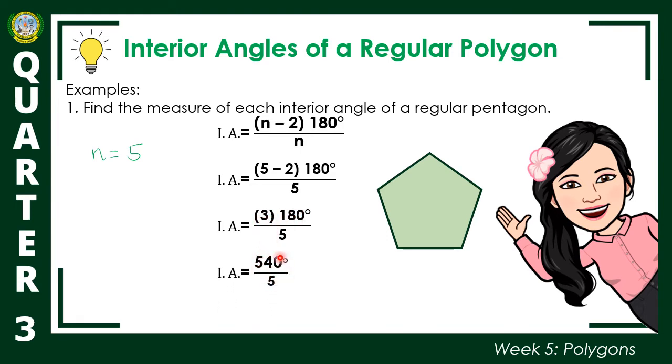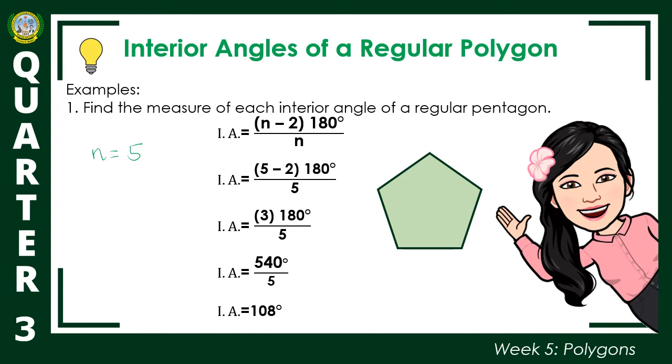And finally, we are going to divide the sum. Okay, divide the sum into 5. Since there are 5 angles nga po, di ba? So, 540 divided by 5 is equal to 108 degrees. Ito po yung measure po ng bawat isa. Okay, so lagyan natin ng label.